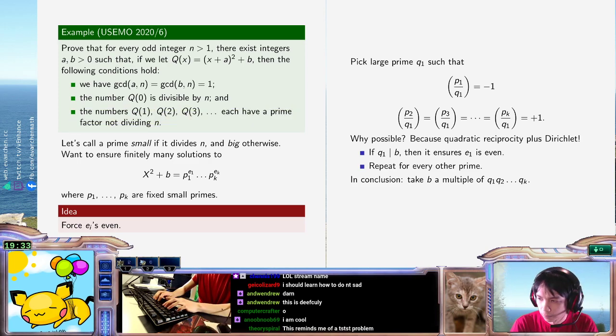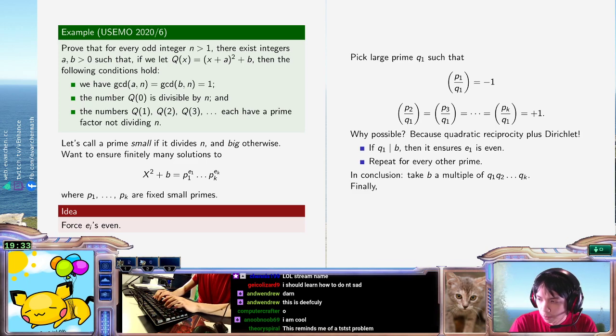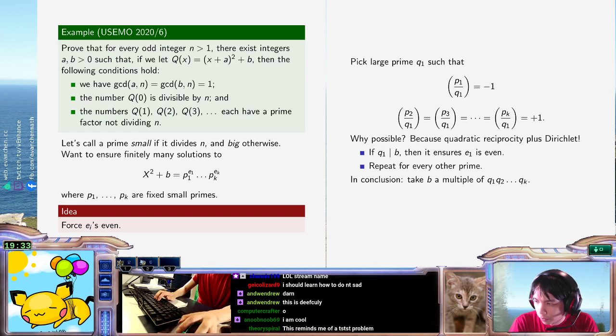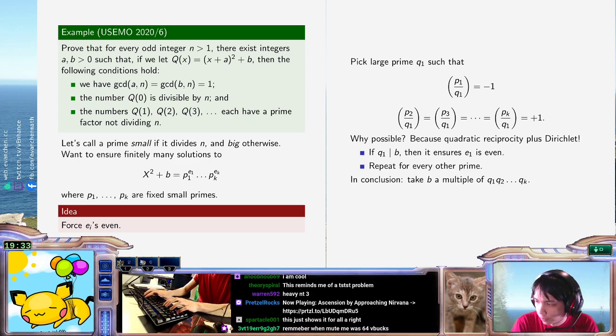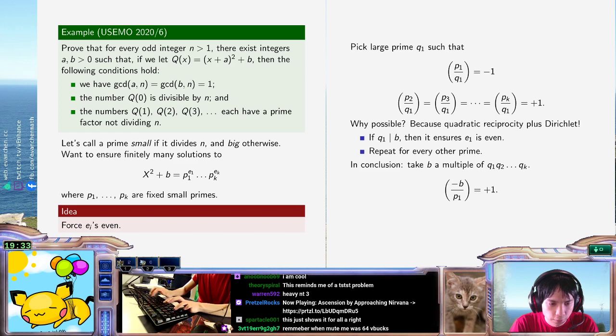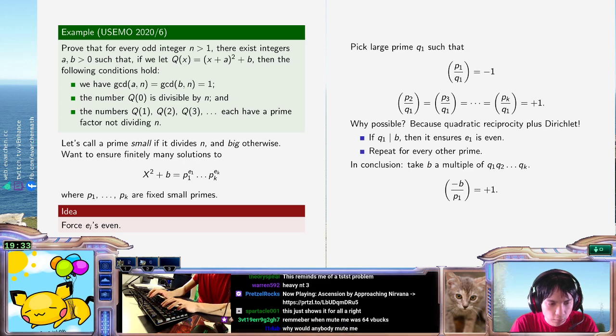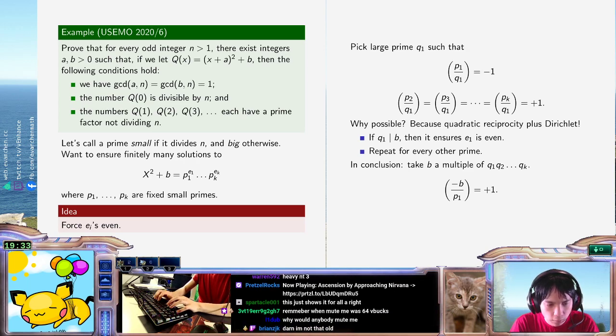And finally, the other thing is I want to make sure that it's possible to be divisible by P1. So the other condition I need is I also need to guarantee that negative B should be a quadratic residue mod P1. So that the Q values will actually be divisible by P1.